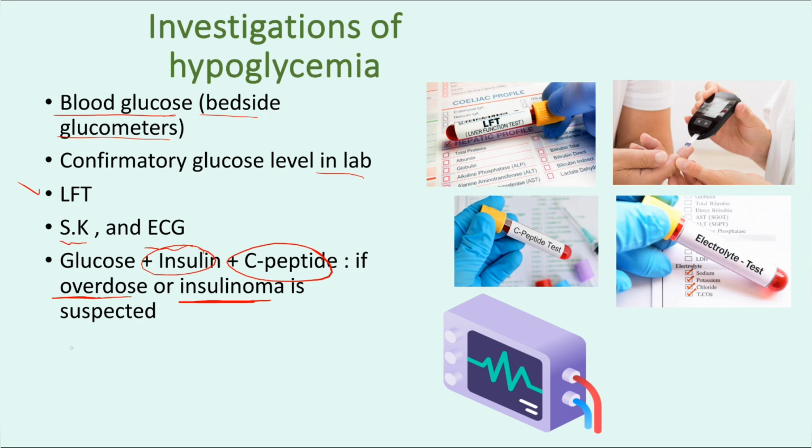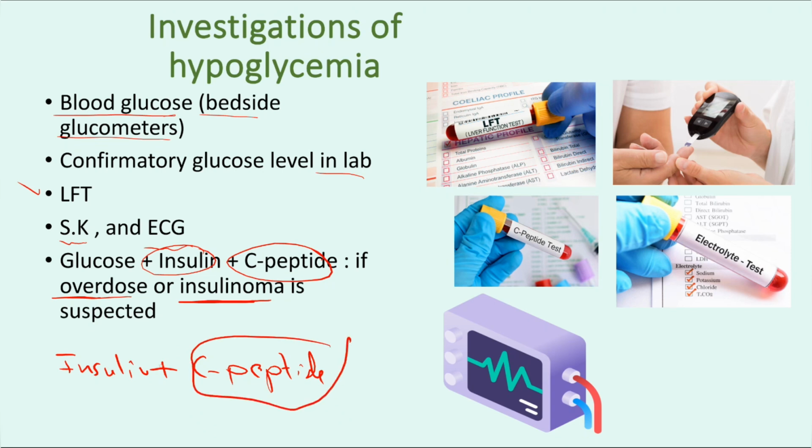Why is that? Because insulin is combined with C-peptide in the beta cells of the pancreas. So once they are released, the C-peptide will be separated from the insulin.